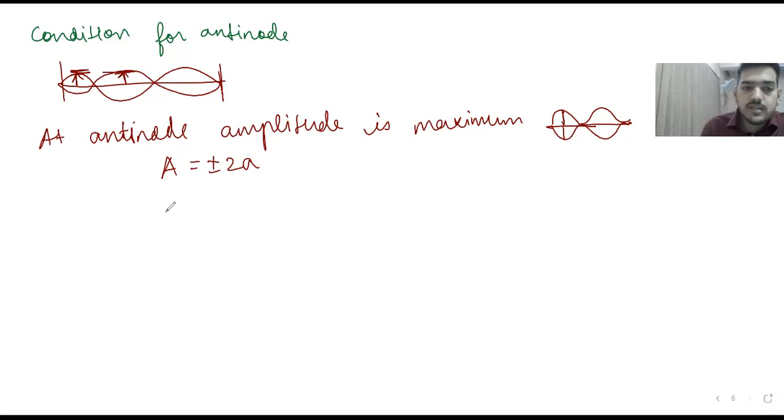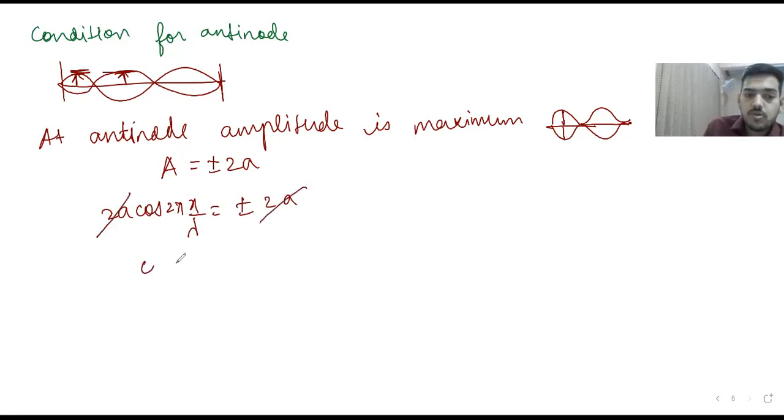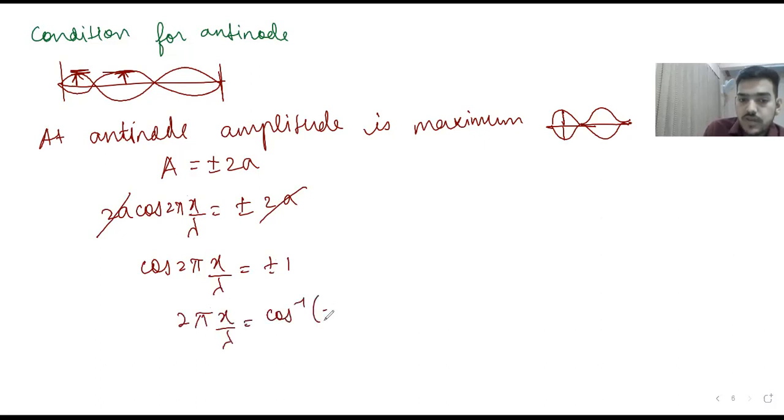So now students, let's see. We have 2A cos 2 pi x by lambda is equal to plus or minus 2A. Now, if I cancel this out here, what do I get? Cos 2 pi x upon lambda is equal to plus or minus 1. So I will get 2 pi x upon lambda is equal to cos inverse of plus minus 1.